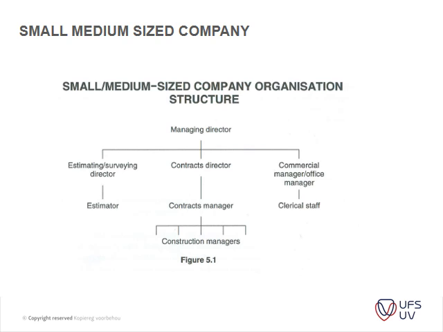Okay, then just looking at the small medium-sized companies, you have your managing director here, and then your estimator here on this side, and your contracts director, and your commercial manager's office.